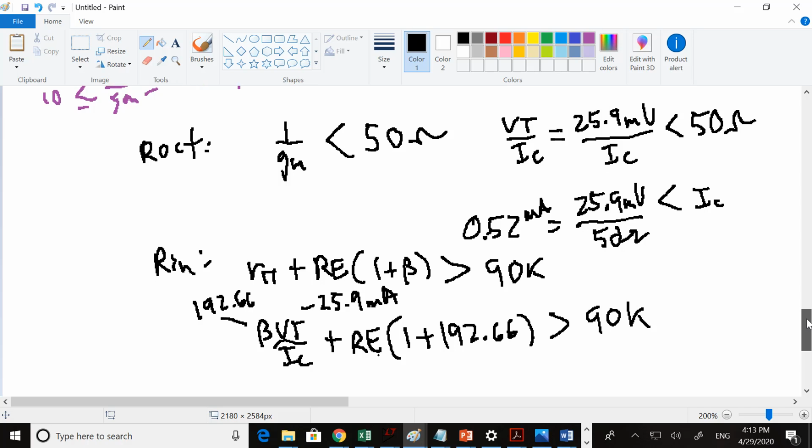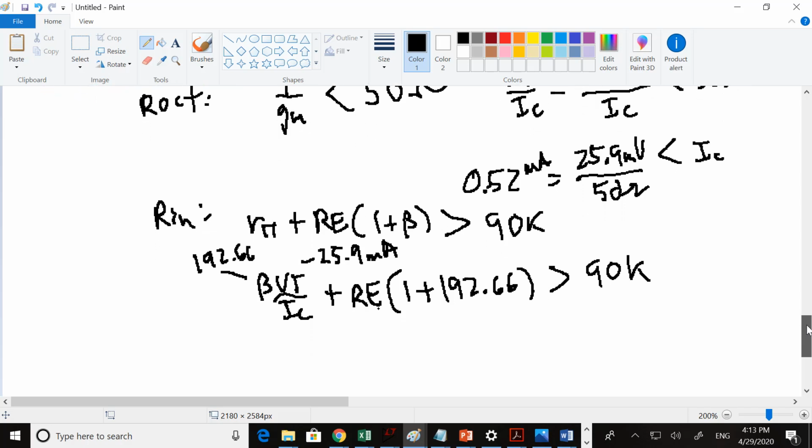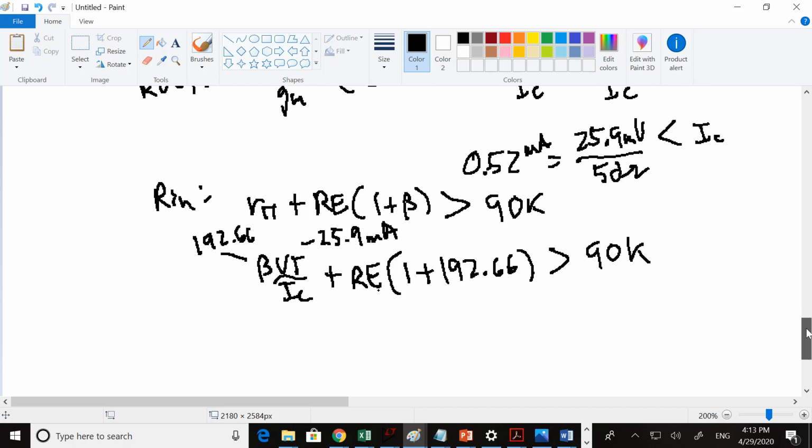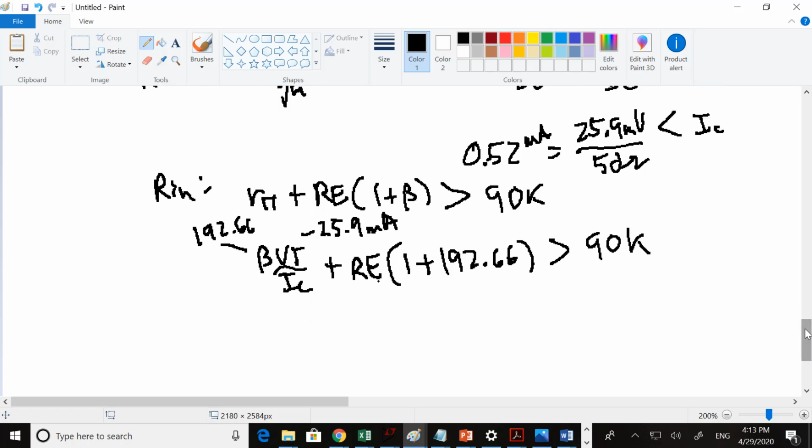So I am just going to pick 1 milliamp for this. And you could have picked a different current. There's an infinite number of solutions to this problem, but I'm just going to pick IC equals 1 milliamp.